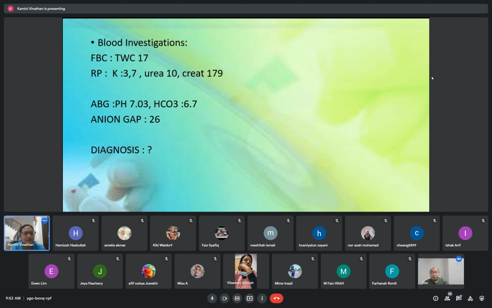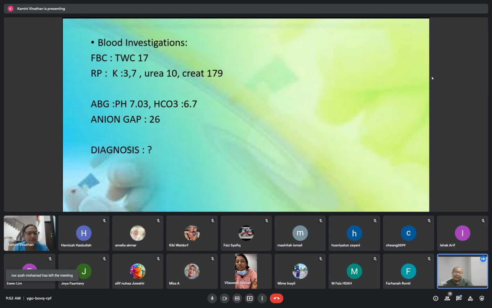Tapi usually dalam konteks value tu, potassium tu tak mengganggu sangat lah, because you know sodium tu ratus-ratus kan, 100 lebih. Chloride pun 90. Bicarb pun usually lebih pada 10. And potassium ni kadang-kadang 3, kadang-kadang 4, kadang-kadang 5 at most. So dia tak kacau sangat the value lah.